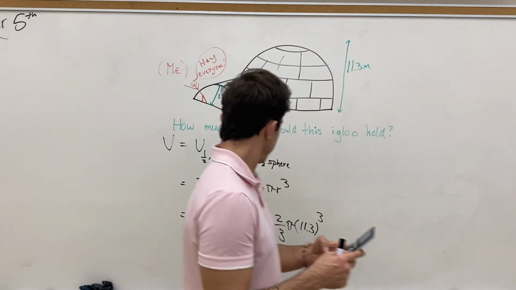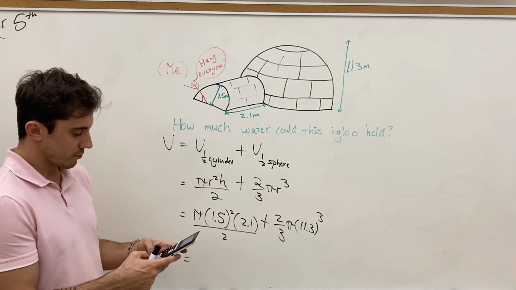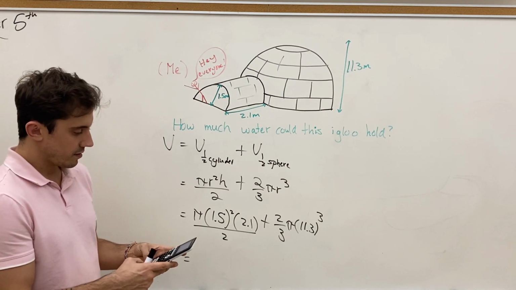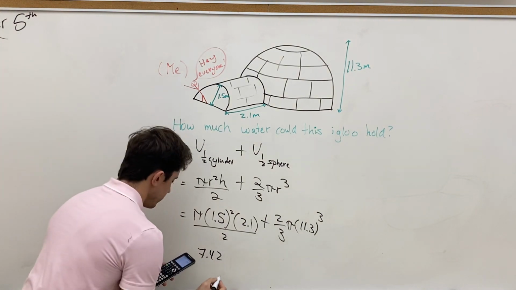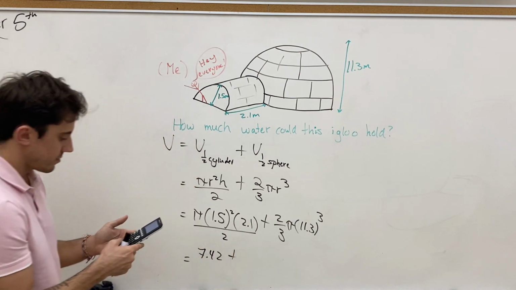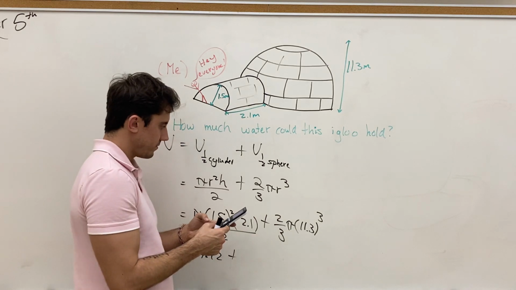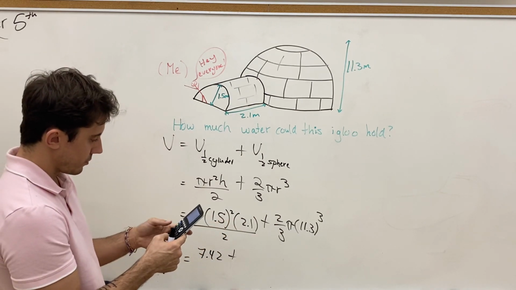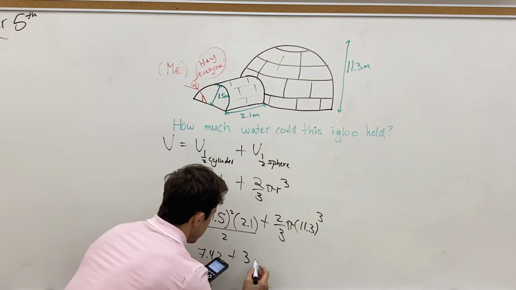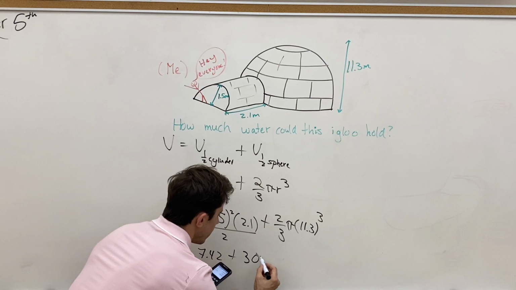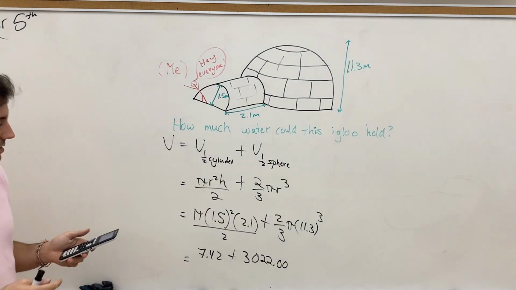So we have pi times 1.5 squared, so that's 2.25 times 2.1 times pi, all divided by 2, giving us 7.42, roughly, to 2 decimal places, plus 11.3 cubed times 2 pi over 3, that's roughly 3,022.00 to 2 decimal places.